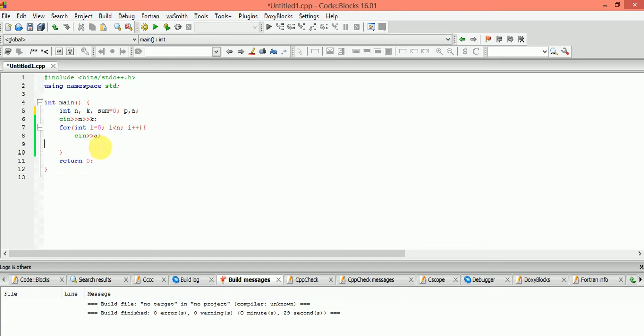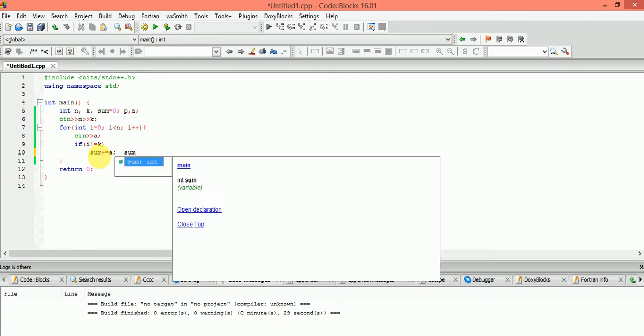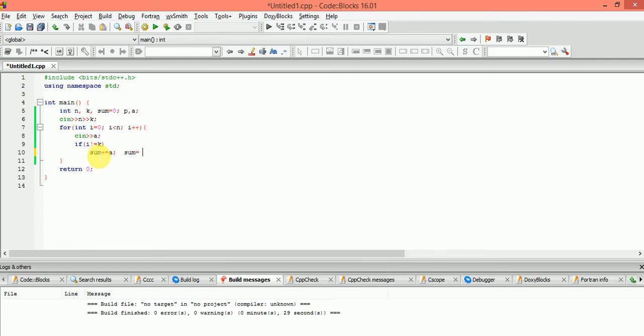So here we will check if i is not equal to k, this means if that item is not the allergic item, then we have to find the sum. So we will take sum plus equal to a. We can write it as sum is equal to sum plus a, you know that, that's very easy.